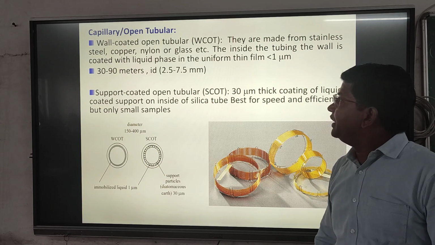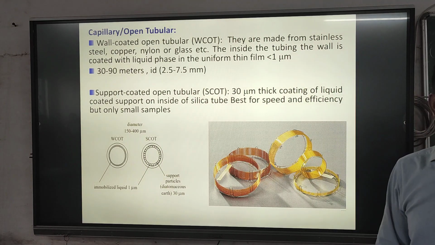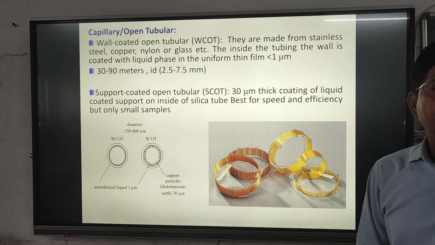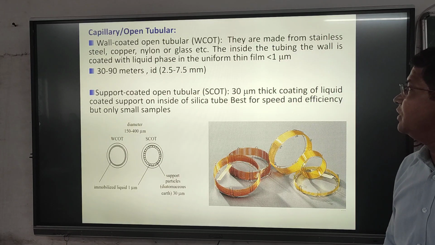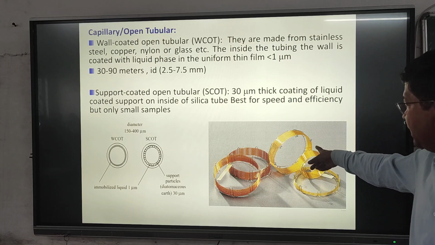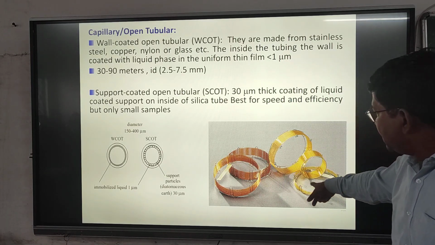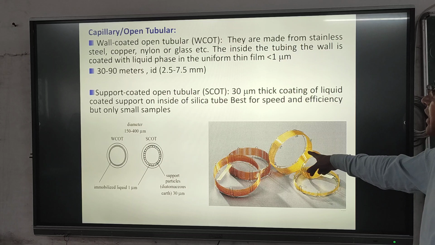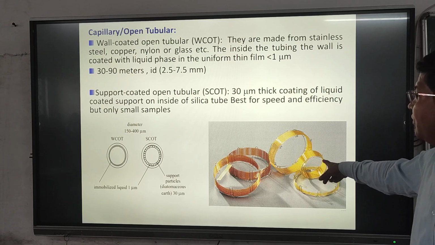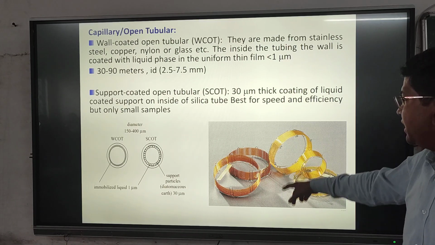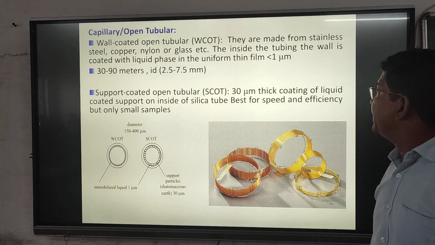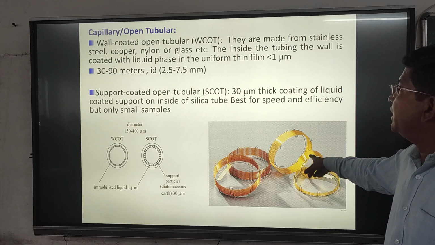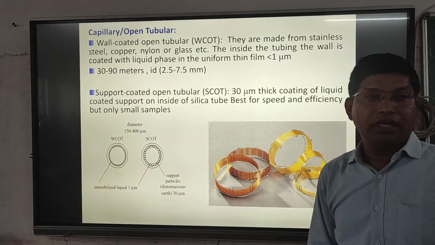Then we have an open tubular column, and most of the modern gas chromatography uses this capillary open tubular column, and this is what this type looks like. This is an image of an open tubular capillary column, and its size is about 10 to 20 meter, or I think 30 to 90 meter.